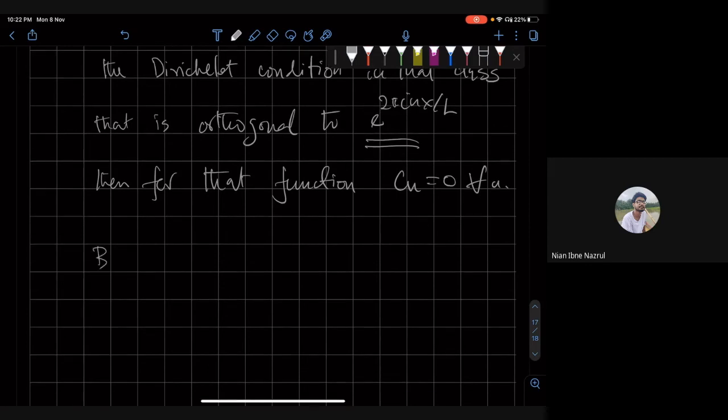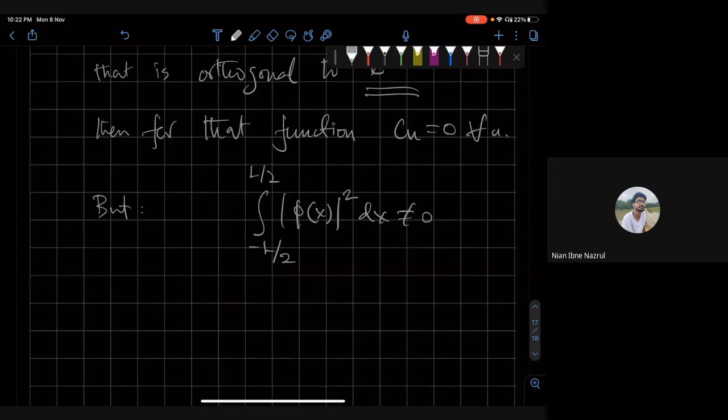But we know that since it's a non-trivial function, a non-zero function, this thing must be non-zero.